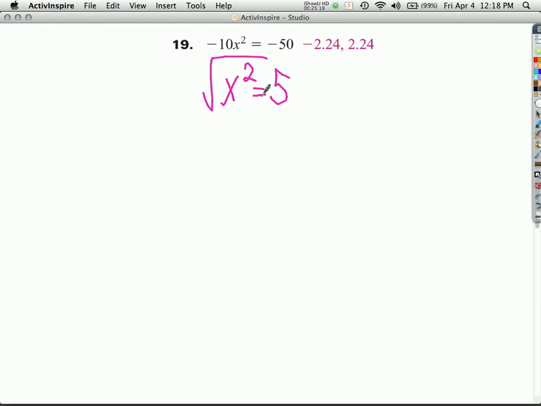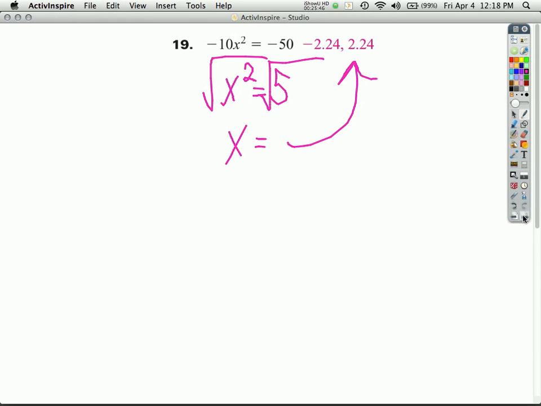Square root, x equals plus or minus 2.24. You have to be able to recognize all these different scenarios and situations. Instant. Chapter 10 test is coming up quickly. It's going to be next week.